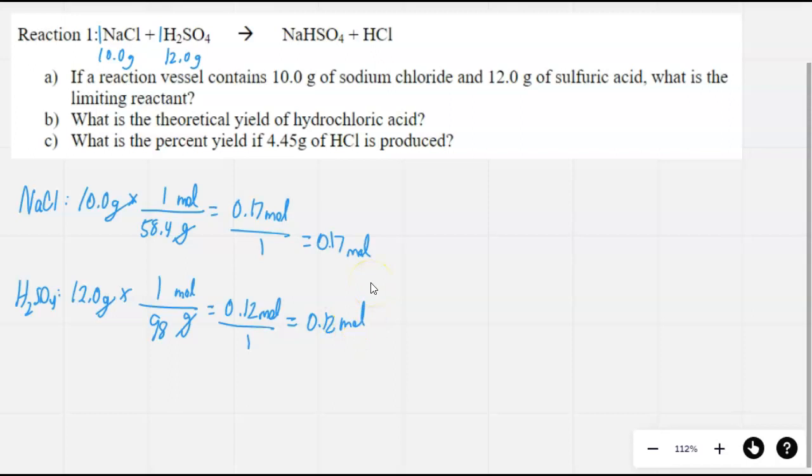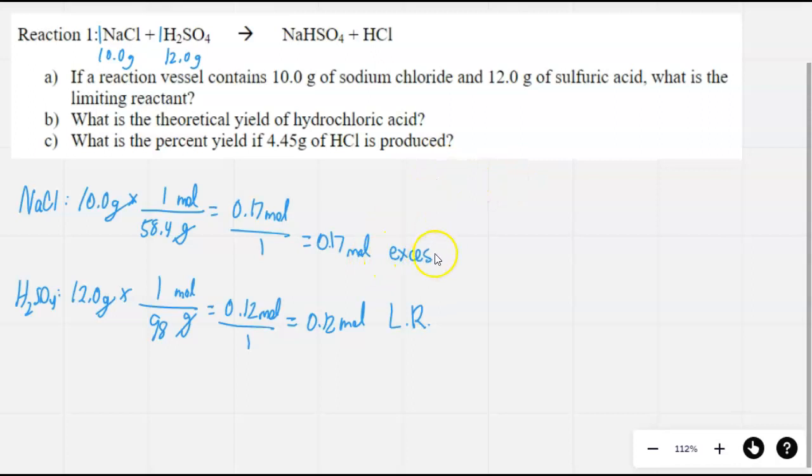Comparing those two numbers of moles based on their coefficients, which one is my limiting reactant? Which one do I have less of? Yeah, the bottom one. So that's why you can't go by grams, because I had more grams, more weight of H2SO4, but that means I had less moles for the reaction to happen.